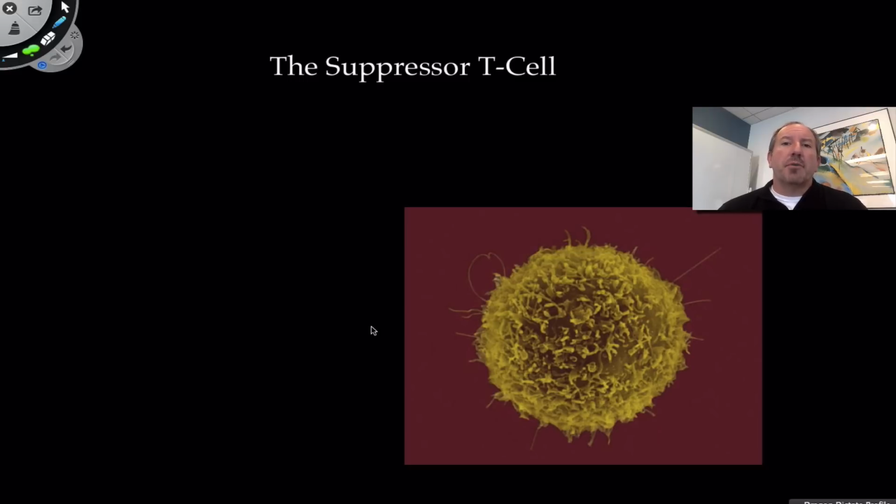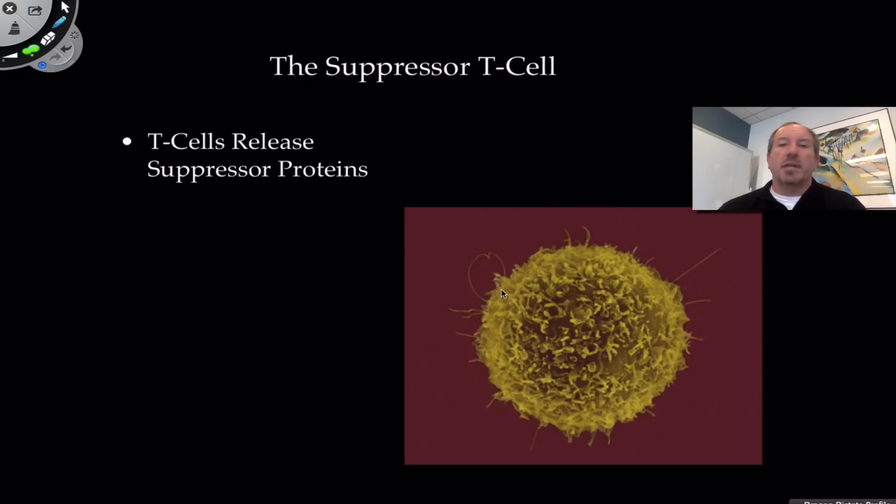But after your opponent has been defeated, you'd want to then suppress and back it down, but you wouldn't want to totally take it all apart. You want to keep some bases around, for example, and that's what those memory cells are all about. But there is a particular type of T lymphocyte which is responsible for calming our immune response down, and this is called a suppressor T. It's an ordinary lymphocyte.